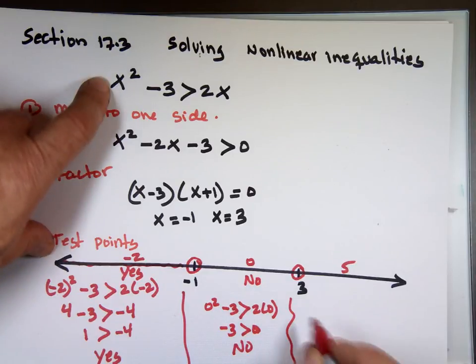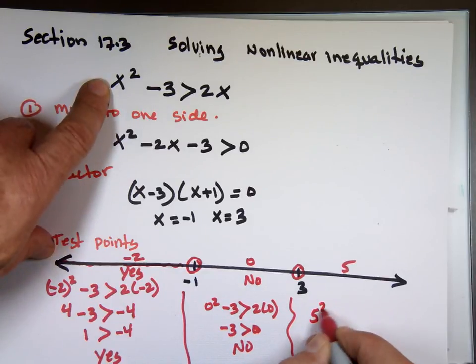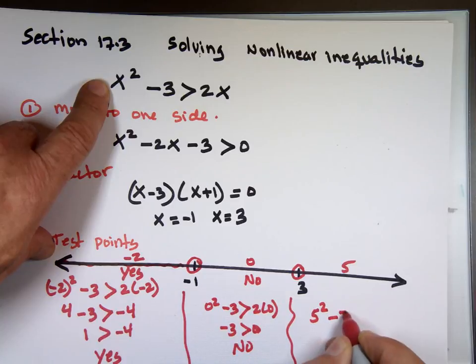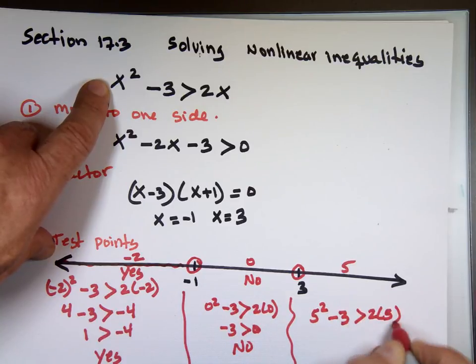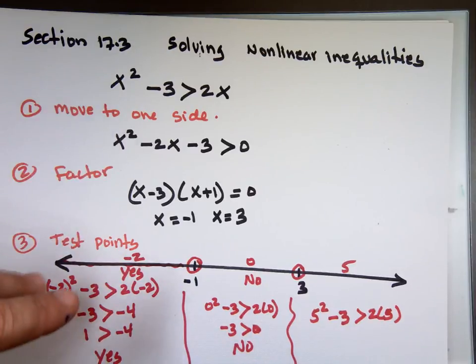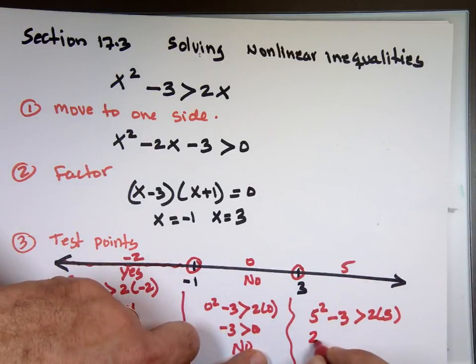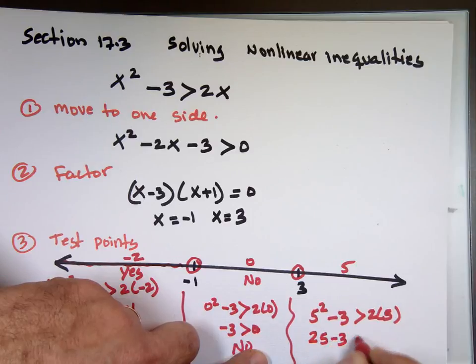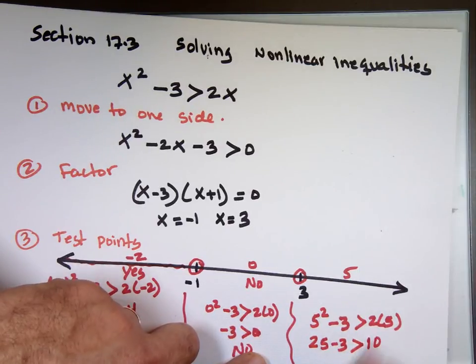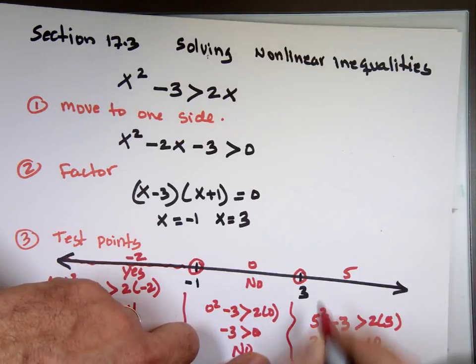Not always going to be yes, no, yes, no, yes, no. Usually, 90% of the time, yes. But when you start putting fractions, no. 25 minus 3, is that bigger than 10? Yes. That's a yes. That's also a solution.